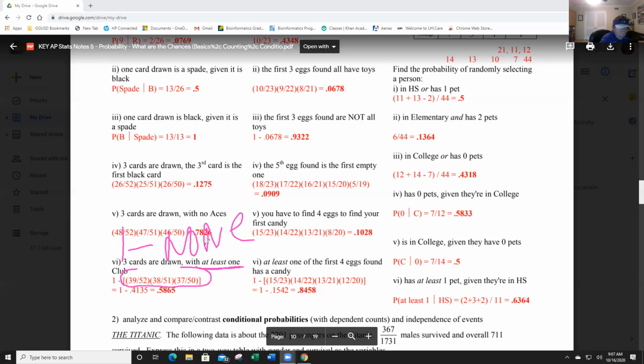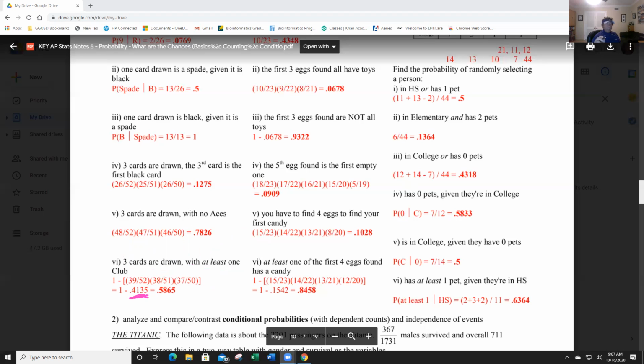The first draw, it's a 3/4 chance of not getting a club. That's 39 out of 52. The second draw is a little less likely, 38 out of 51. And the third is 37 out of 50. Awesome. So we're going to multiply all that together, and that's going to give us a 41% chance of not getting a club.